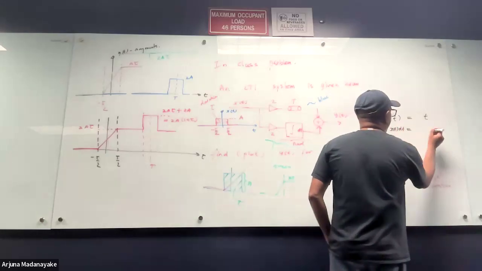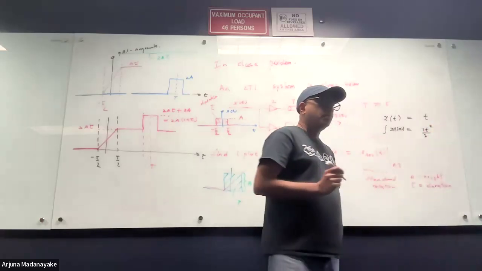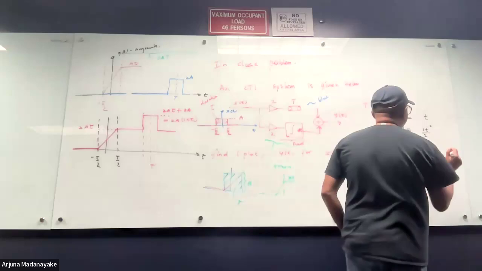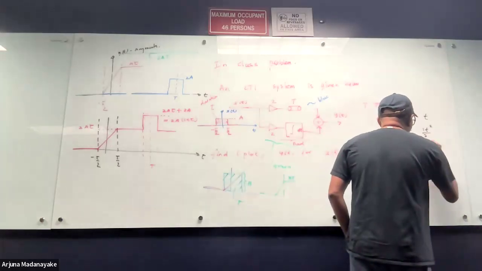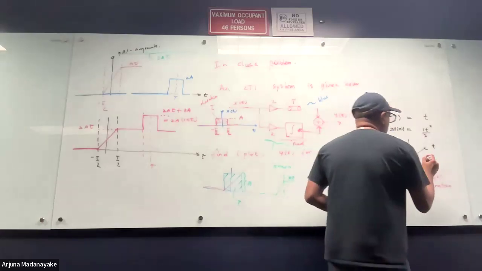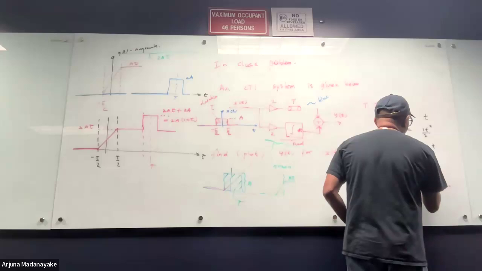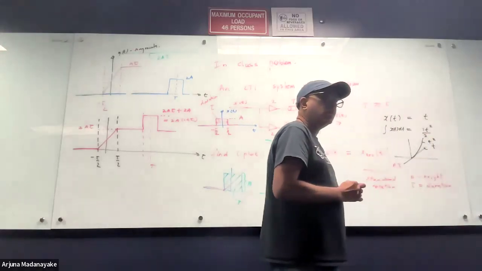It's equal to something like t squared by half, right? So this is a quadratic. When x of t is like this, that's my t, then my t squared is something like that. It's a parabola.